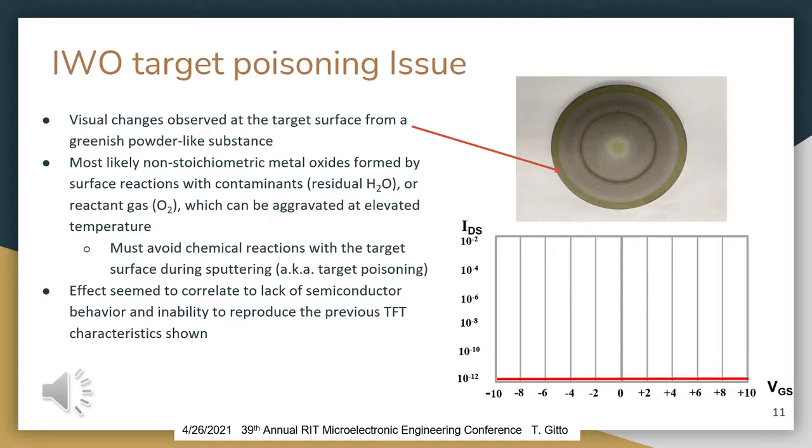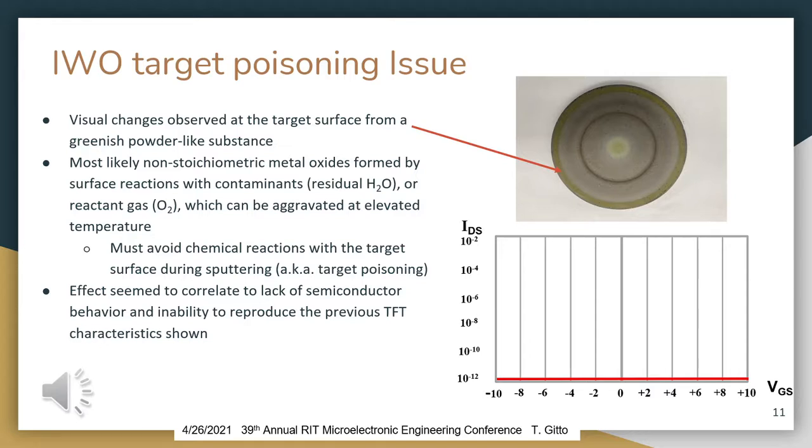But like I said before, we ran into some target poisoning due to what we think is a non-stoichiometric metal oxide forming on the surface, which would then create an insulating type behavior once it was actually sputtered.